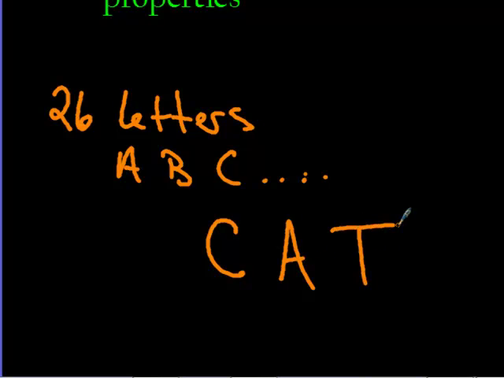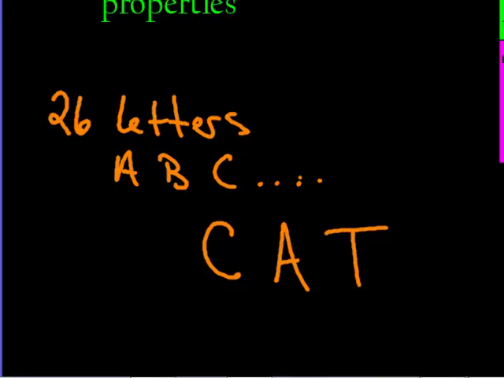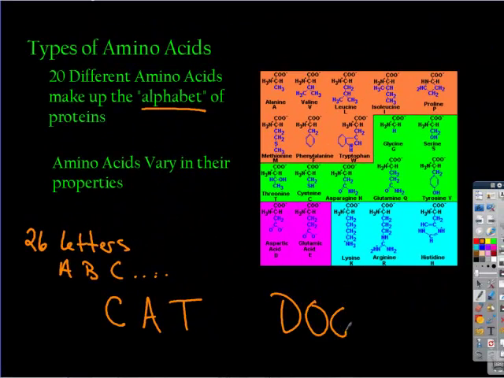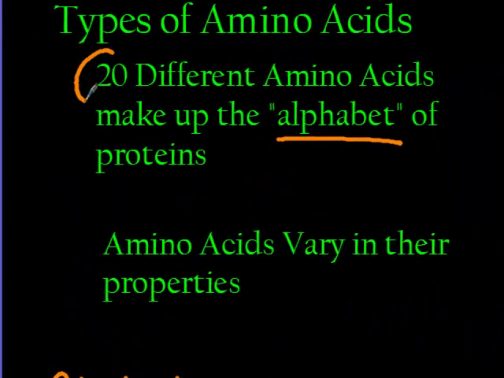Okay, so the letters bring certain characteristics. Now, if I bring different letters, I can spell something entirely different using our 26 letters, D, O, G. Clearly, we could get much more complicated than that. But if you use this analogy for our amino acids, that we have an alphabet of 20 amino acids to work from, we're going to create different words, so to speak.